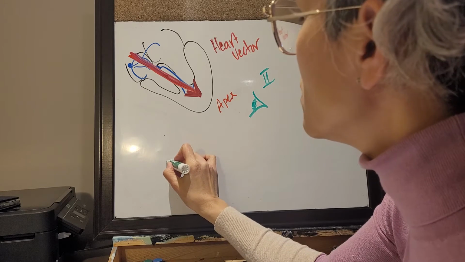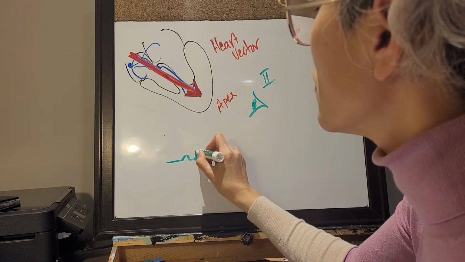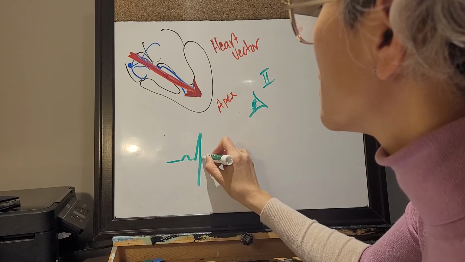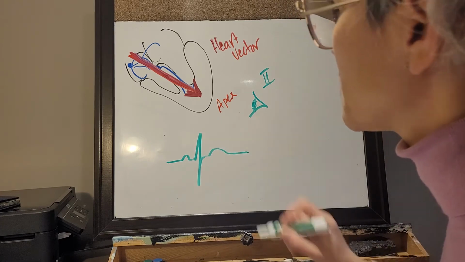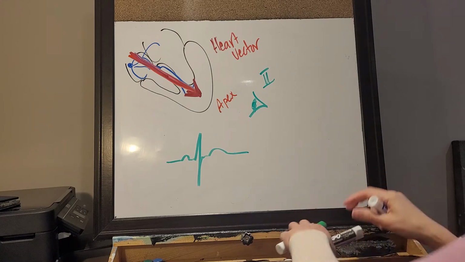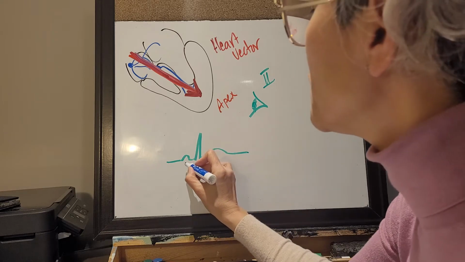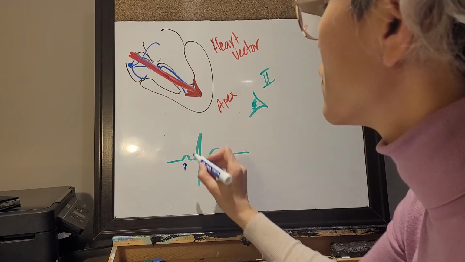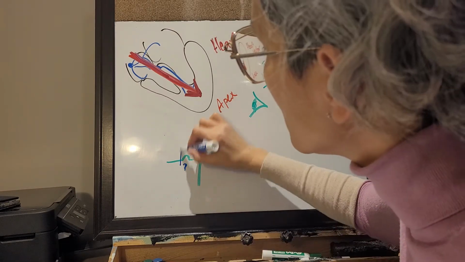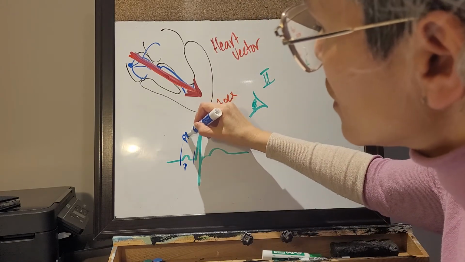And so the normal cycle is a P wave, QRS, T. Okay? And that's your normal ECG tracing, where this is your P wave. From the beginning of your P wave to the beginning of your QRS complex is your PR interval.